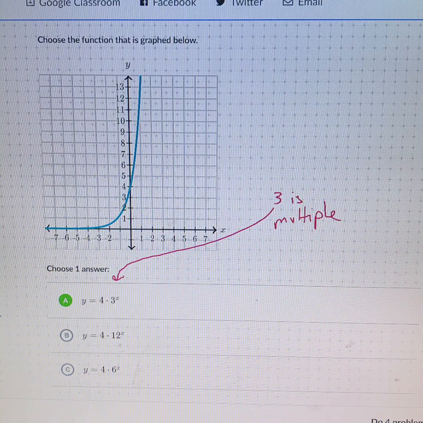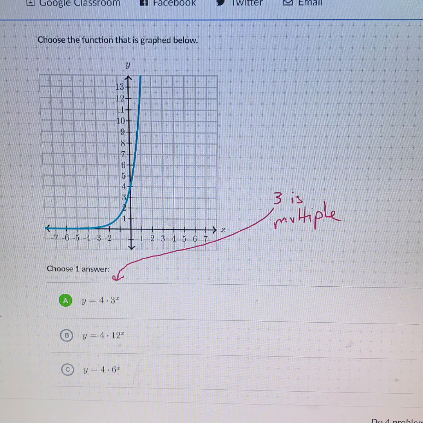So the other significant number in these problems is the base of the exponent, the number that is underneath our exponent. As these are all exponential functions, our variable, our x, is a power. For answer choice A, the base is 3.